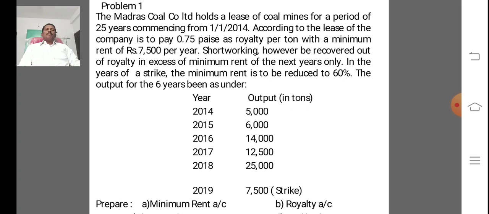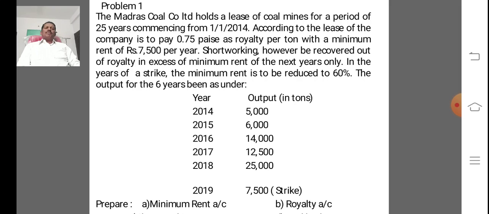The Madras Coal Company Limited holds a lease of coal mines for a period of 25 years commencing from 1/1/2014. According to the lease, the company is to pay 75 paise as royalty per ton, with a minimum rent of rupees 7,500 per year.